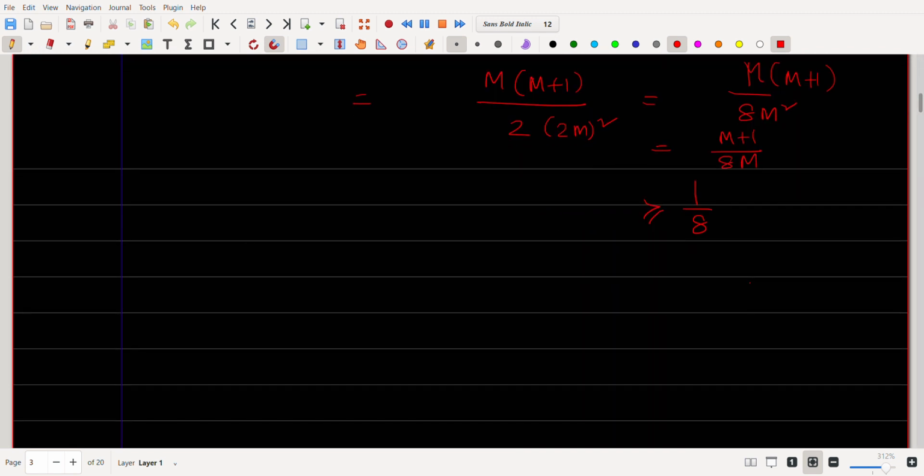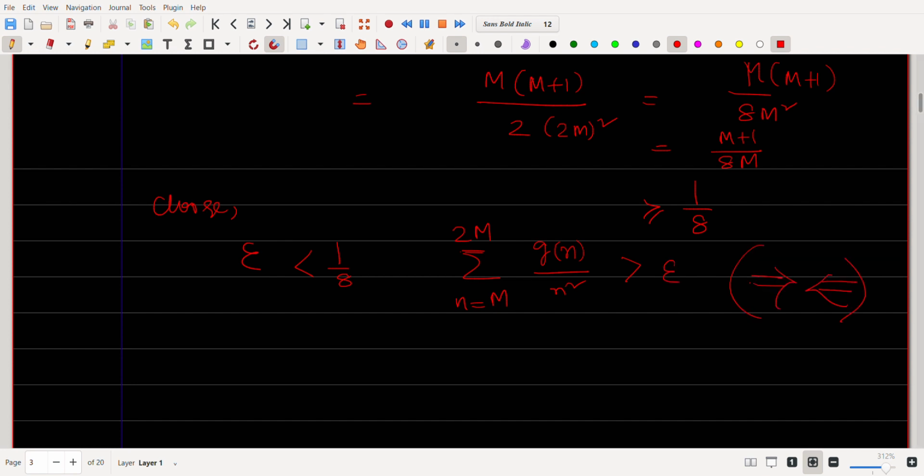So now if I choose epsilon to be less than 1 by 8, then the summation for small n equal to capital M to 2M of Gn by n square is greater than epsilon.